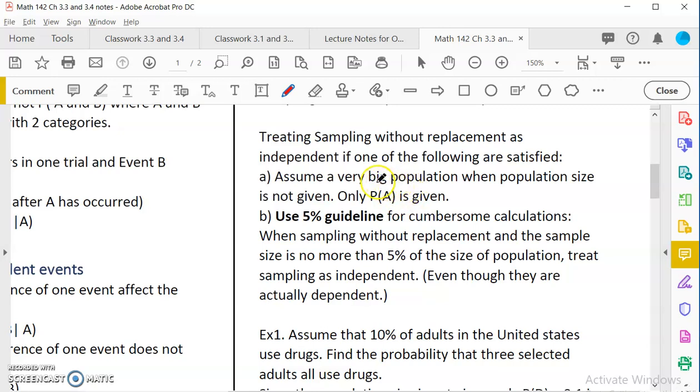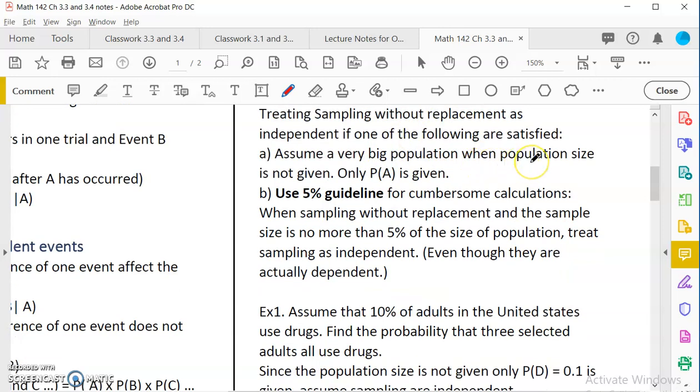If they are sampling from all adults in the US, then you know that the population is really large. So even if they are not replacing one adult, there are so many adults you can choose from. It is really rare to pick two at the same time, so we can assume that it is the same as with replacement. Even if you don't replace them, you would have all different ones.